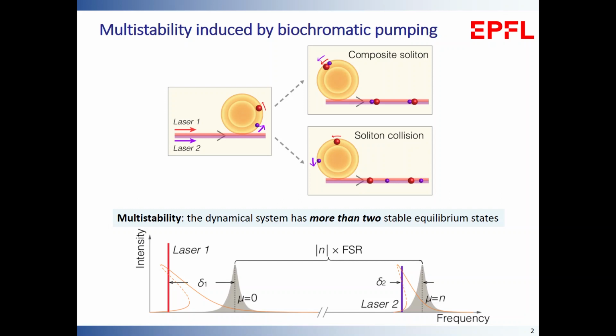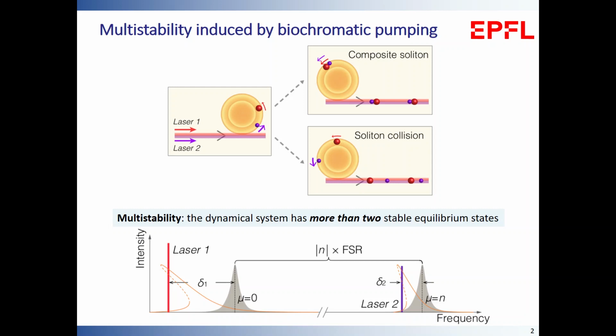We use one laser to pump one resonance here, and the laser cavity detuning is this delta 1, and that maybe can generate the first. Oh, of course, it definitely will generate the first kind of Soliton. Then we put another laser in, and this detuning is delta 2.